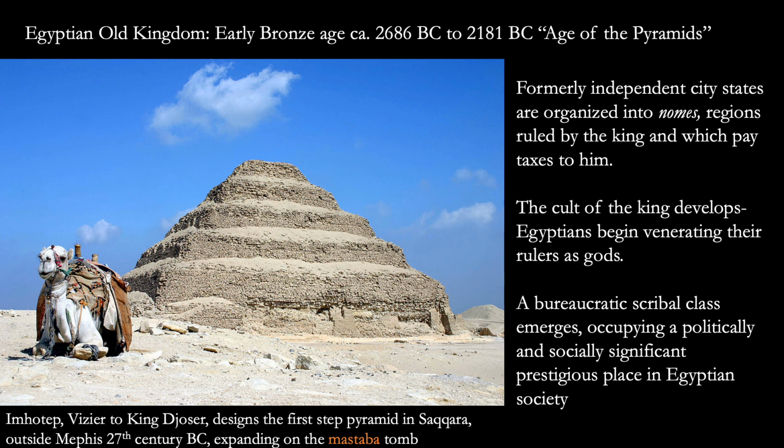Around the king is going to rise up an administrative class, a bureaucratic class of people whose jobs include keeping records of the tax rolls, keeping track of what's being farmed where, keeping track of what temples are being built and who's staffing them.